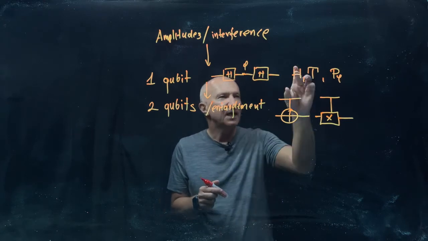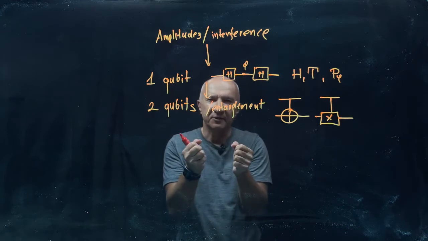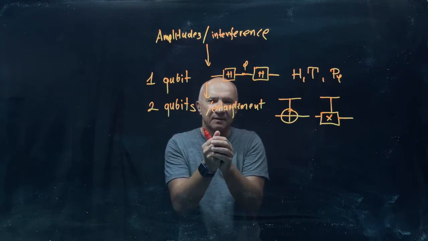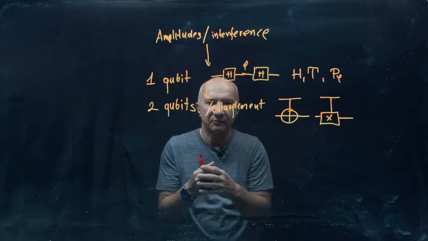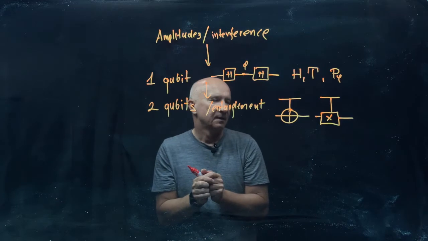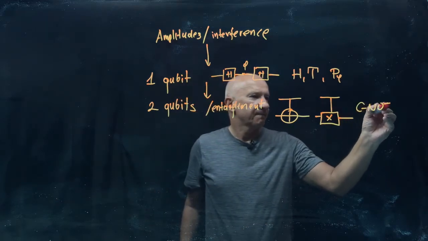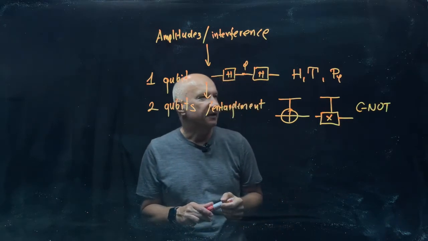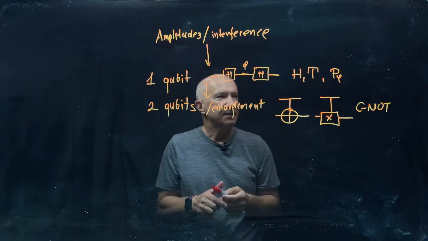And together with Hadamard, as you could see, this gate is very powerful because it can generate quantum entanglement. So it can work with the Hadamard and gives you maximally entangled states that we call the Bell states. So CNOT is your favorite gate. Well, should be your favorite gate, because together with the Hadamard, it gives you entanglement.